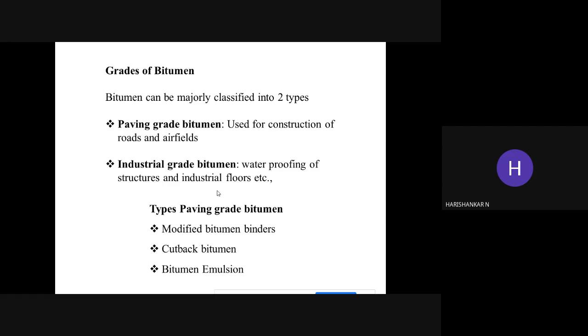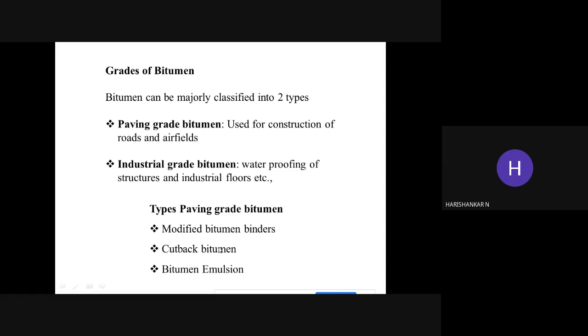Here we have different types of bitumen. You can see the types of paving grade bitumens: modified bitumen, cutback bitumen, and bitumen emulsion. Modified bitumen means we are adding some additives, just like we add additives to concrete in order to improve the quality. Here we add them directly to the bitumen, some chemicals, which improve some physical qualities.